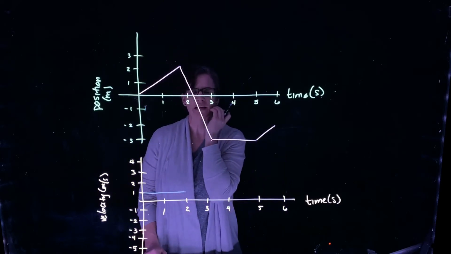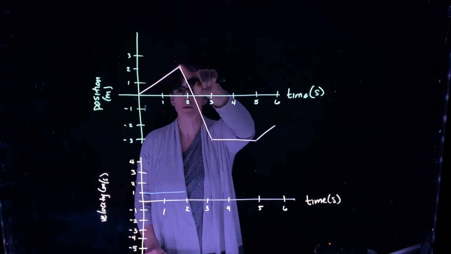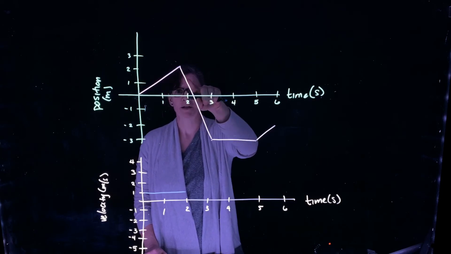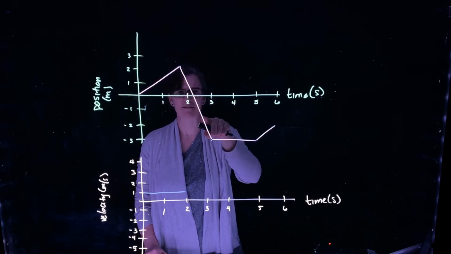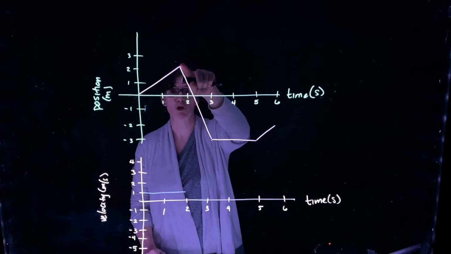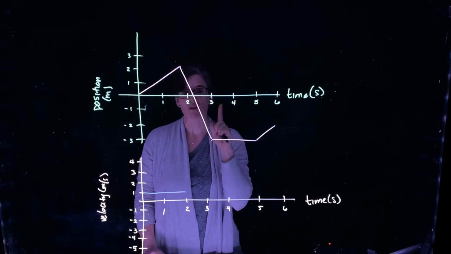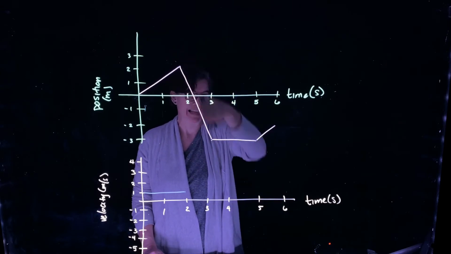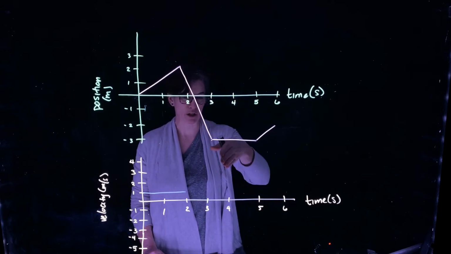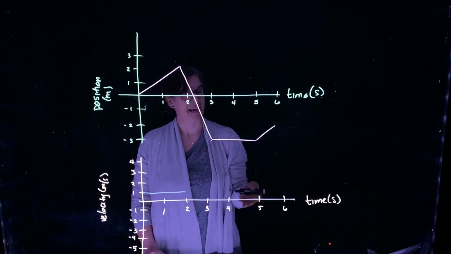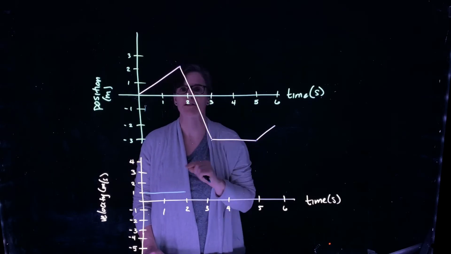Well, then what happens right at 2 seconds? Well, we move 1, 2, 3, 4, 5 meters, from 2 to -3, in 1 second. 5 meters in 1 second. We're in the negative direction, a negative slope, so that's a negative velocity, and it's constant during this time period.